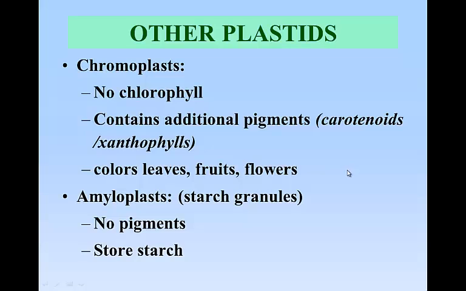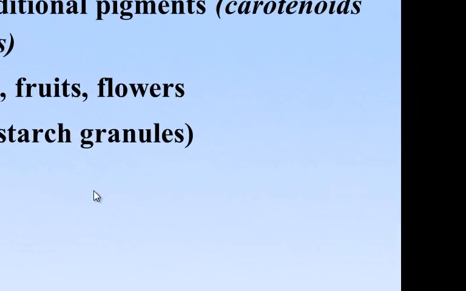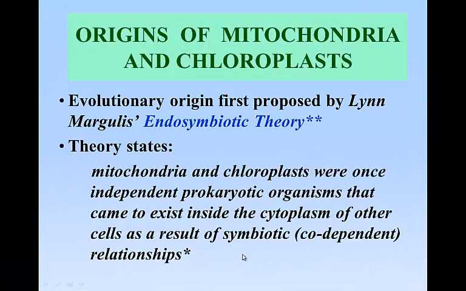Amyloplasts, again, are granules that don't contain pigments, but contain amylose, or starch. These starch granules can be found, gosh, if you eat peas or potatoes, that kind of grainy feeling when you bite in on those is actually the starch granules that hold the starch.